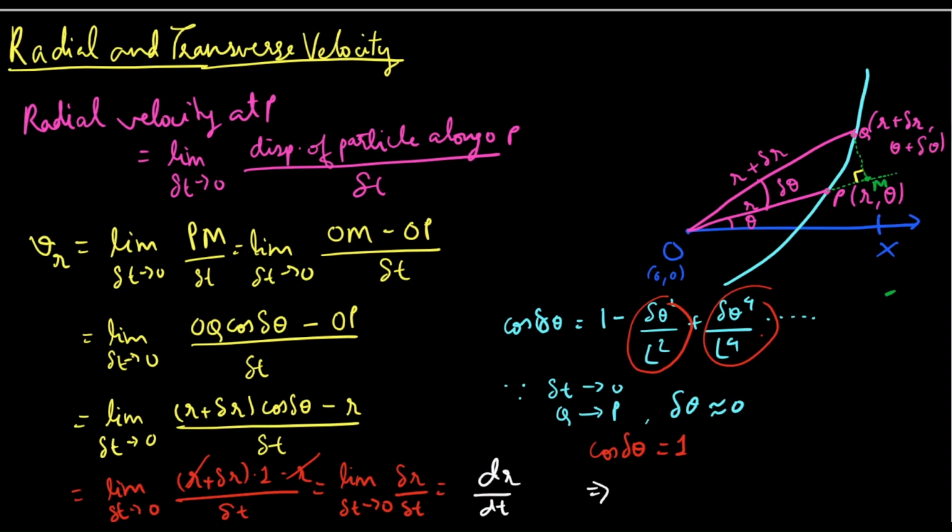Therefore, we obtain the expression for radial velocity, that is Vr is equal to dr over dt, or we can say that the radial velocity at a point is the first derivative of the radius vector, and it can also be written as r dot.